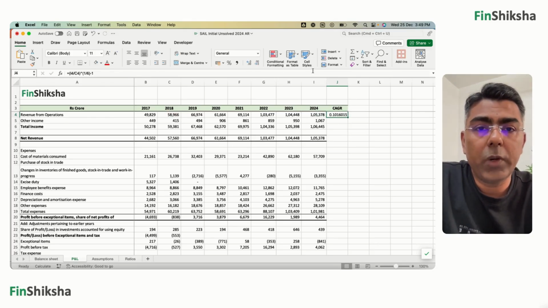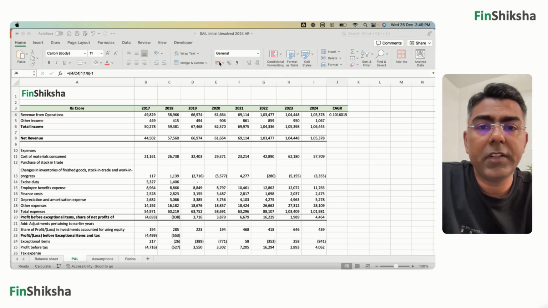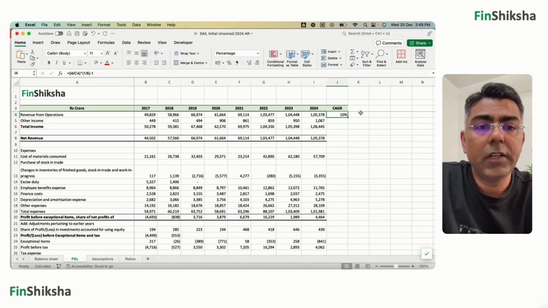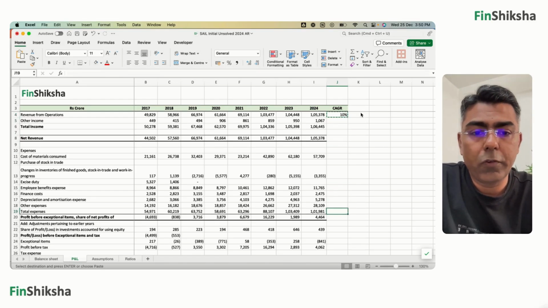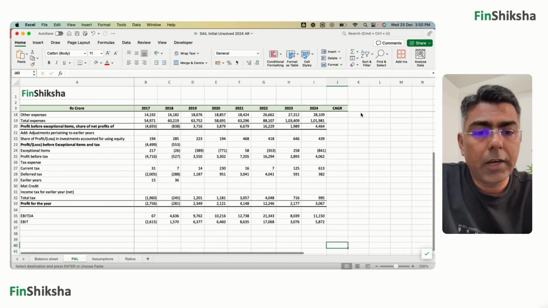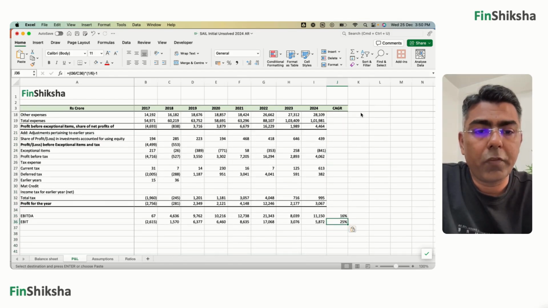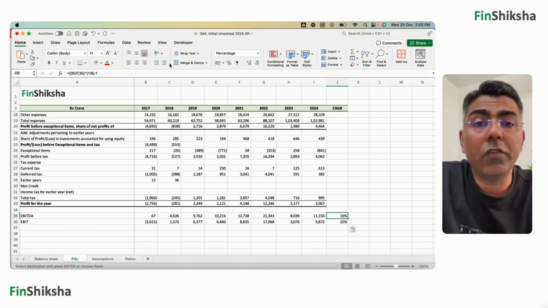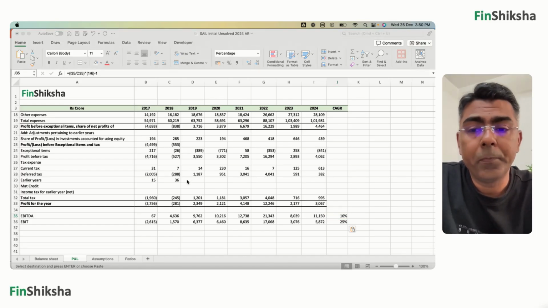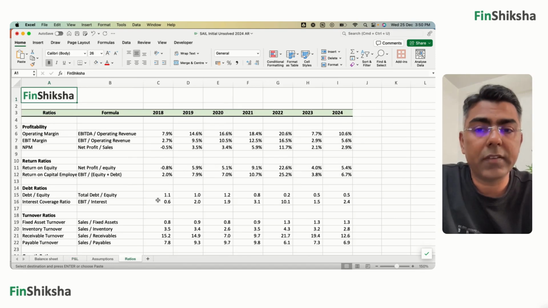That's how we will calculate the CAGR. So there's a 10% CAGR that we see here. And I can just copy this formula for EBITDA as well, or profits as well. Some of these may give you odd kind of numbers, especially if there are losses anywhere. So that's how you calculate CAGRs, right?